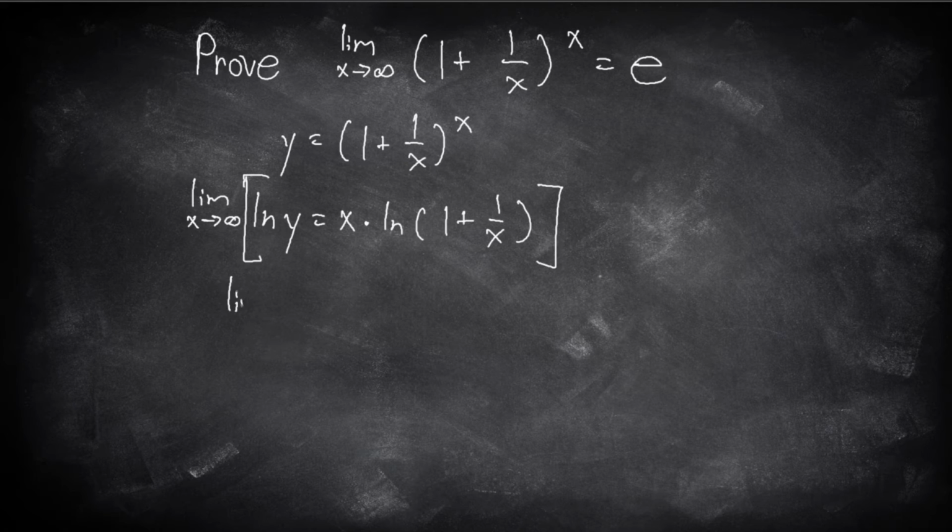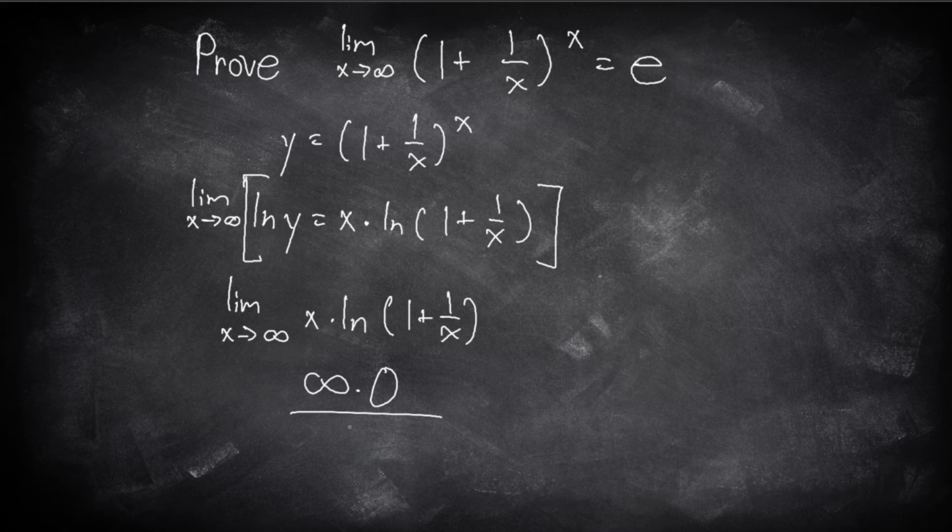So what is the limit as x approaches infinity of x times natural log of 1 plus 1 over x? Well, we plug in x equals infinity, that's infinity. And 1 over infinity is 0, 1 plus 0 is 1, and natural log of 1 is 0. So this is an indeterminate of the form 0 times infinity. It's just written a different way.